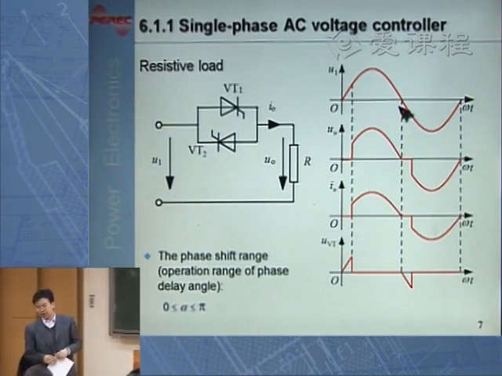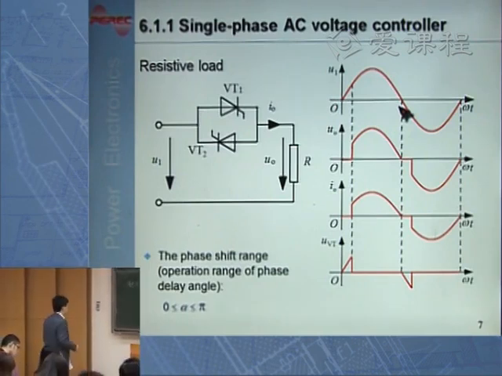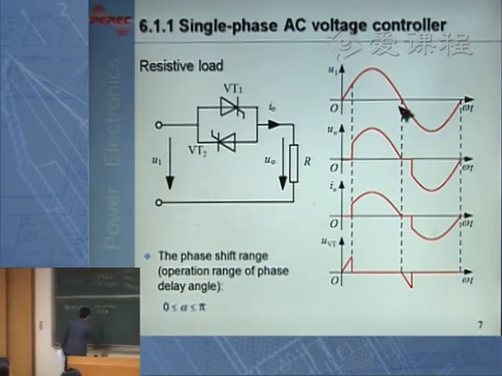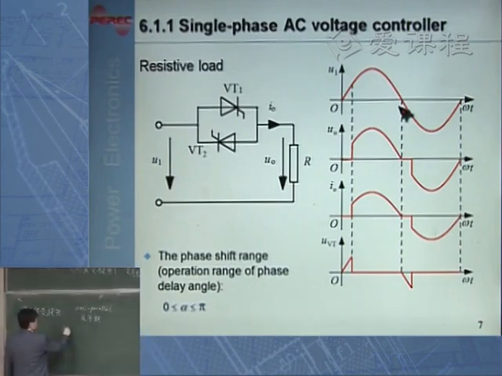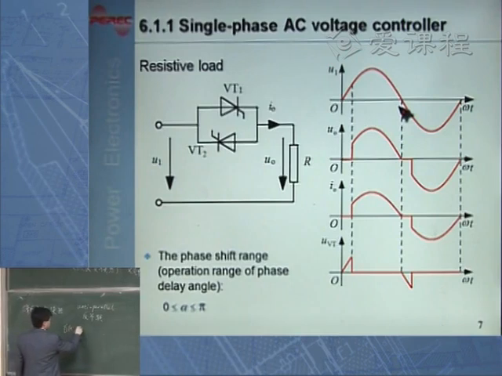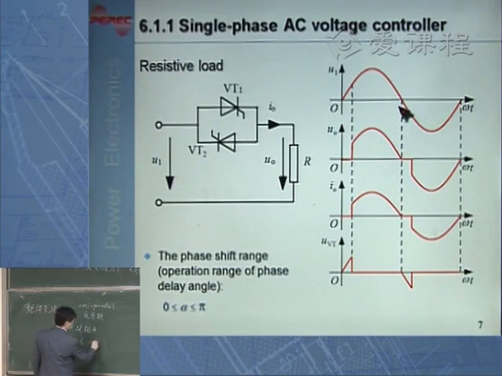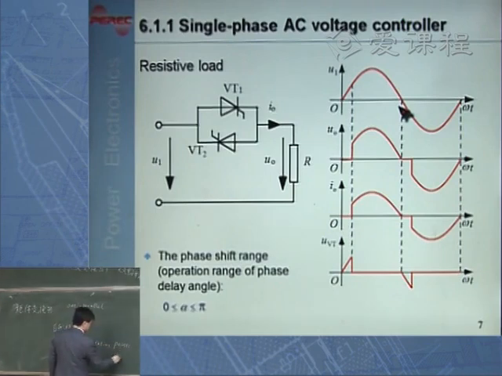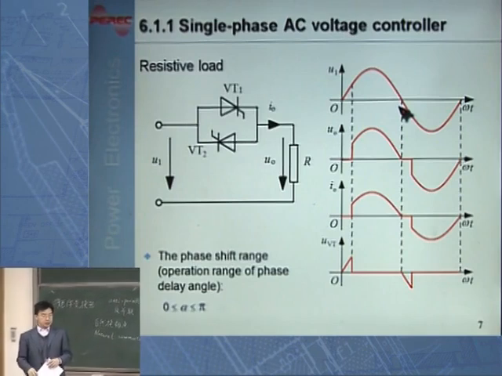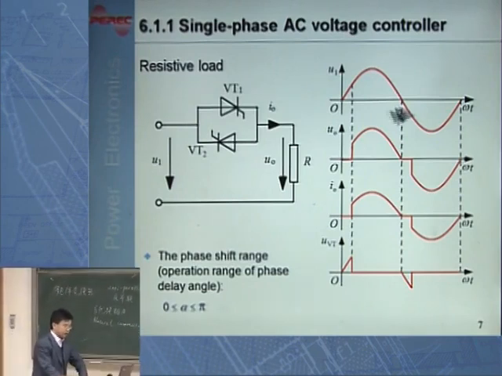Natural commutation points, right? Natural commutation points. That's when triggering delay angle alpha is 0.